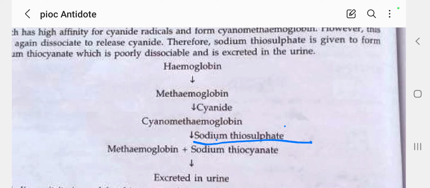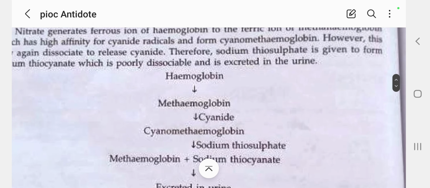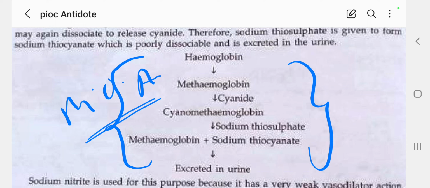A person ingested with cyanide poison can be treated with either sodium nitrite or sodium thiosulfate. With the help of sodium thiosulfate, cyanomethemoglobin is converted to sodium thiocyanate, which is later excreted in urine. These are the main mechanisms of action of the physiological antidote in cyanide poisoning.